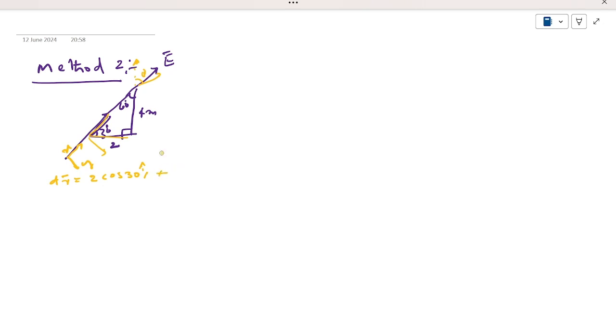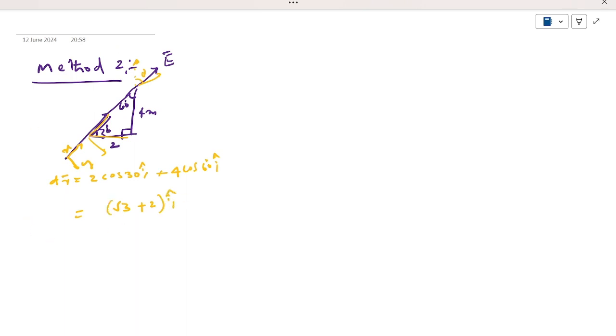So now 2 into cos 30 I cap plus, in this direction E is given along x, I cap. Next, 4 into cos 60, I cap. Cos 30 is root 3 by 2, that equals root 3, plus cos 60 is 1 by 2, that equals 2 I cap.